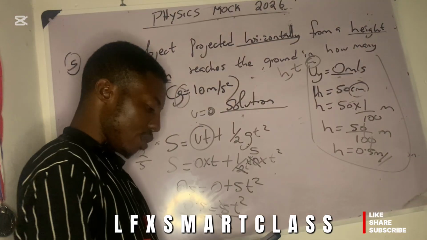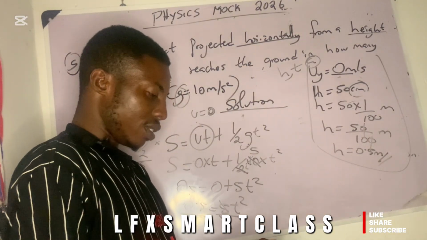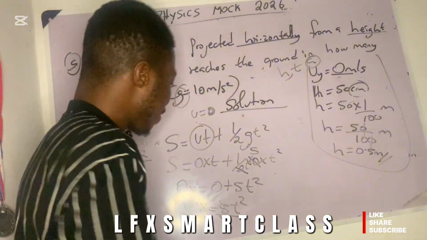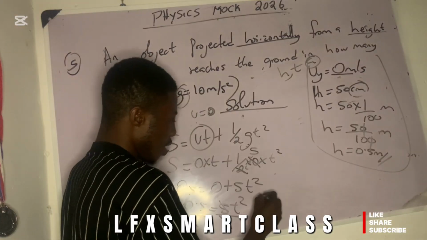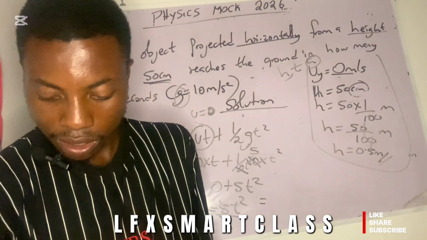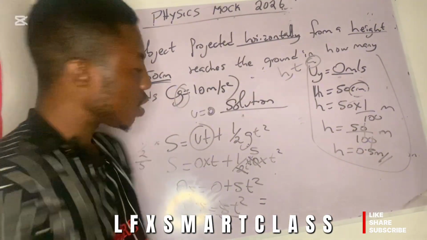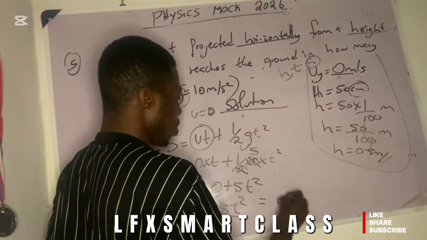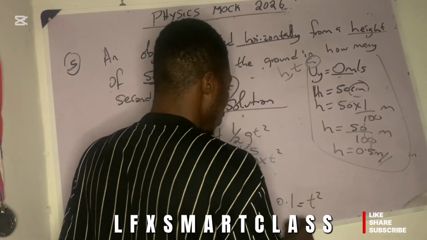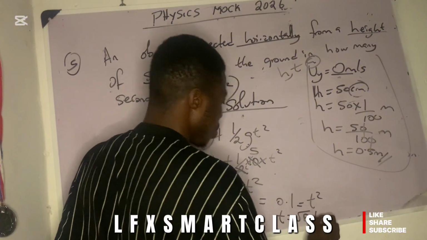So we'll have 0.5 divided by 5. Now you have 0.1 is equal to t squared, which means that t is equal to the square root of 0.1.